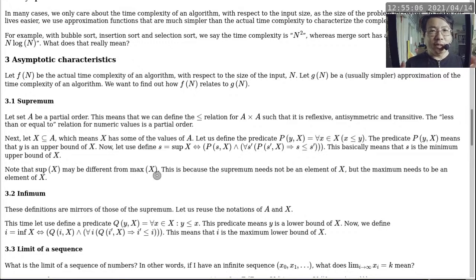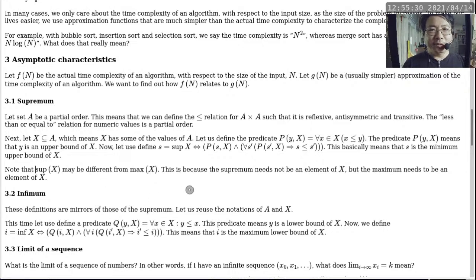Within the narrow context of what we are using this for, the relation less than or equal to is totally ordered, defined over the set of all the real numbers. So we are okay looking at supremum of x being the maximum of x.